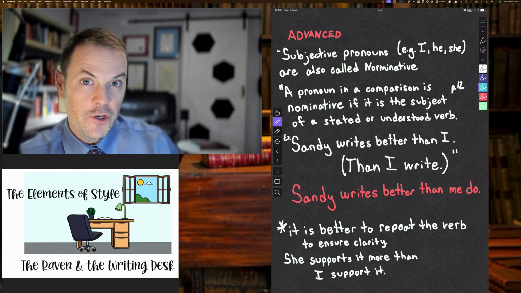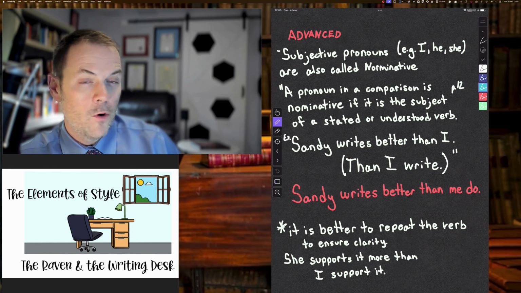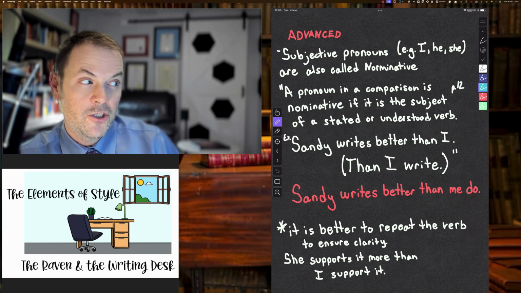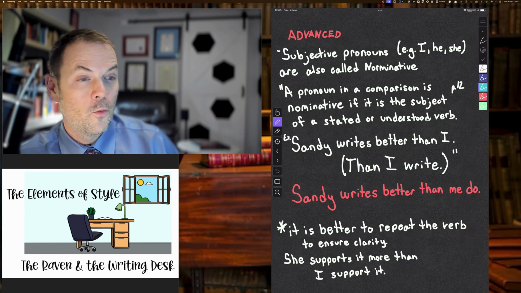It's not that important you remember that word unless you're an English teacher. Now I'm going to quote from The Elements of Style on page 12. A pronoun in a comparison is nominative if it is the subject of a stated or understood verb. So what the heck does that mean? It's best to see it in practice.